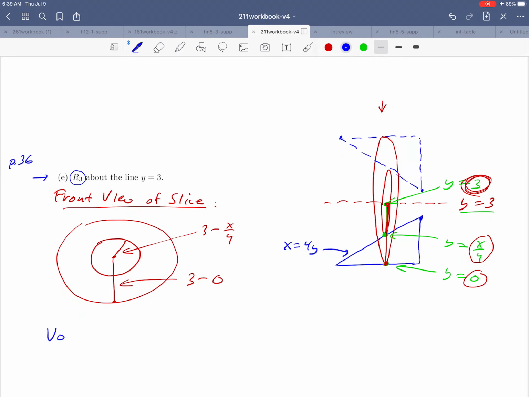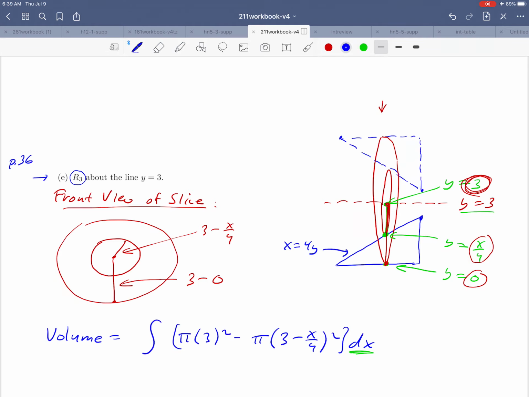And so the volume should be the integral of the area of that washer. We're going to take pi times the bigger radius squared minus pi times the smaller radius squared. Then what's left is the limits of integration. Are they going to be x or y values? They're going to have to be x values because x is the variable in our integral.